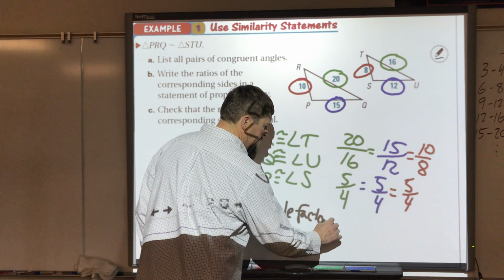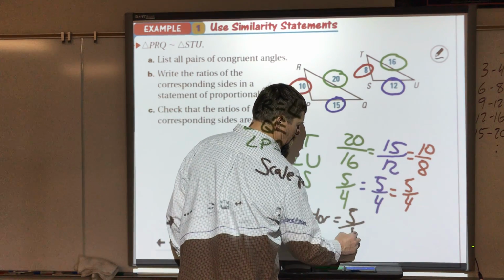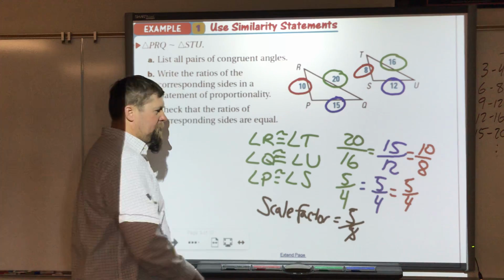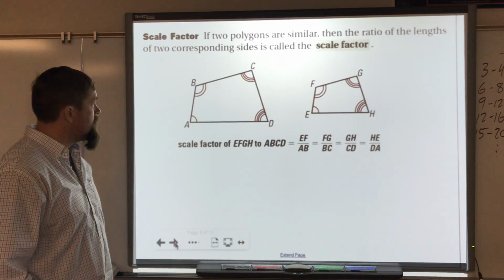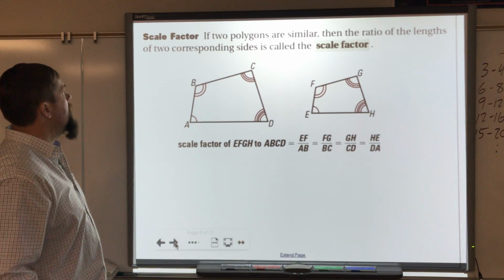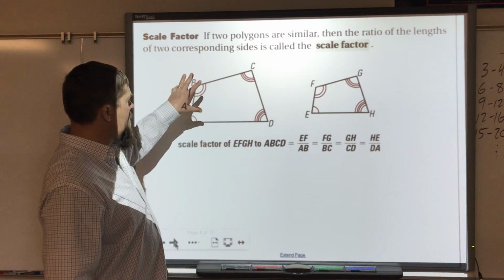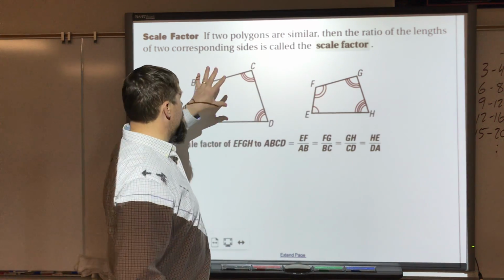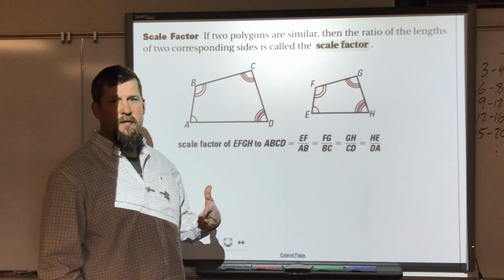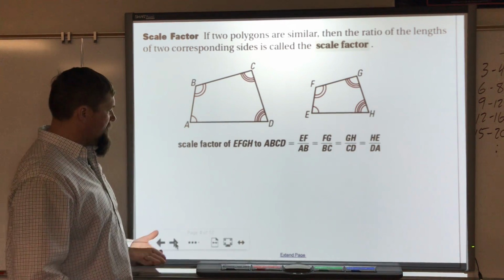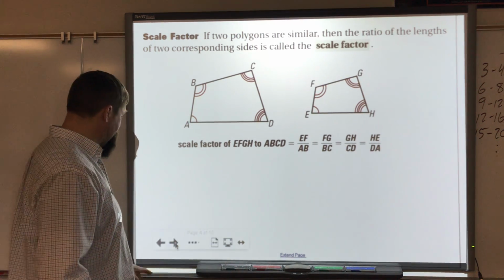Because they all simplify to 5/4, the scale factor is 5/4. It's whatever they all simplify to. Here is where they talk about scale factor. When you put these sides over each other, they should be the same ratio, and whatever that ratio is, it's called the scale factor.